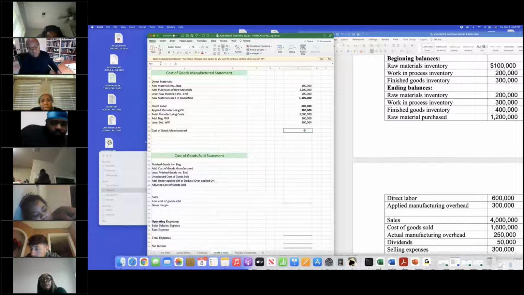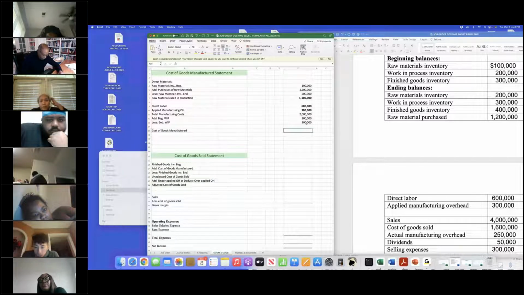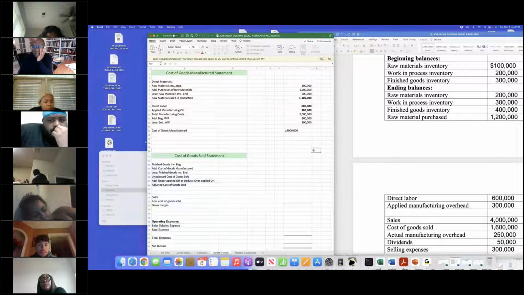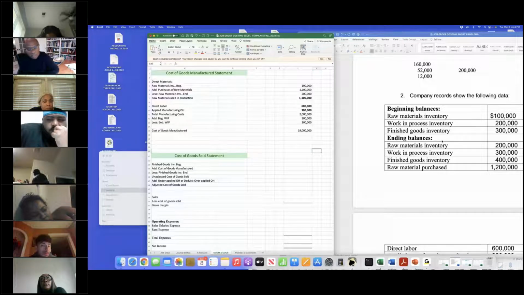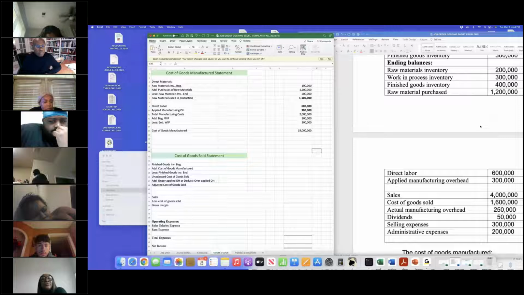Sounds good to me. So that is all that's involved in doing a cost of goods manufactured statement. And this information is all in the T accounts after you made your journal entries and posted them. Let's do a cost of goods sold statement.